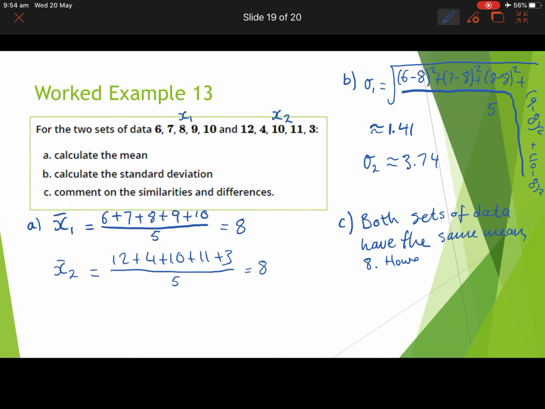However, the standard deviation for the second set was much higher.